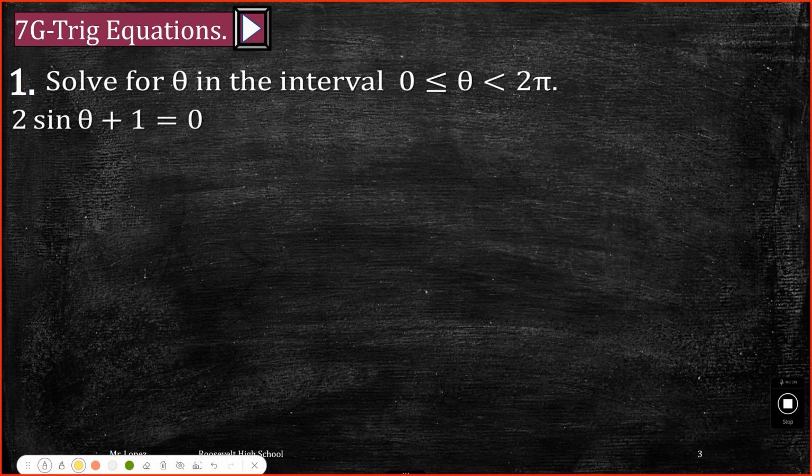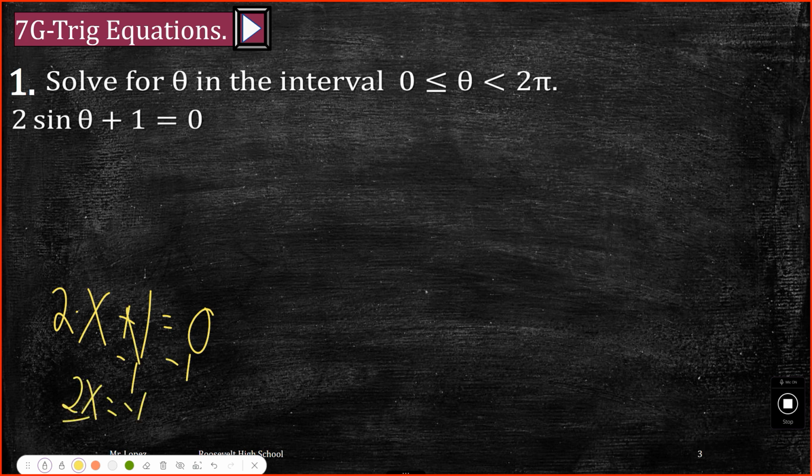Treat sine theta as x. This is simple algebra: 2 sine theta plus 1 equals 0 is pretty much 2x plus 1 equals 0, where sine theta is x, and you just subtract 1, divide by 2, and x equals -1/2.